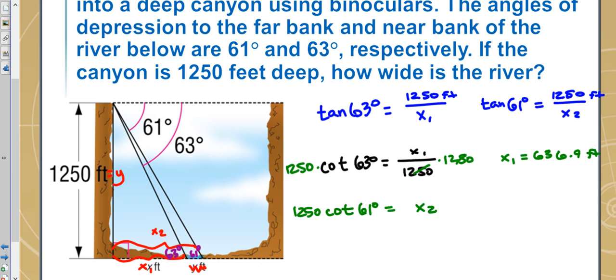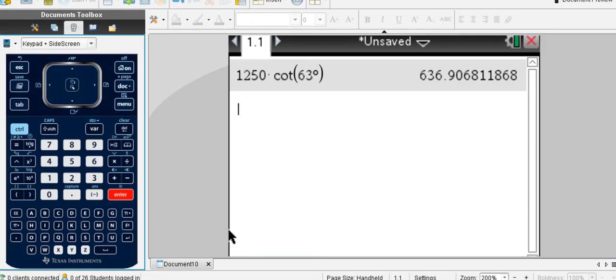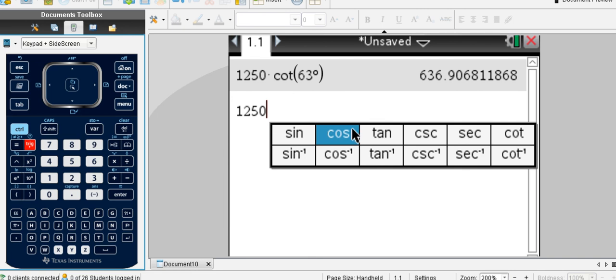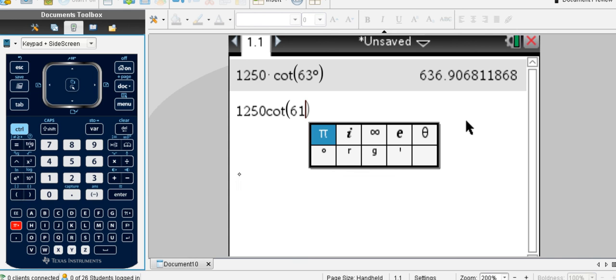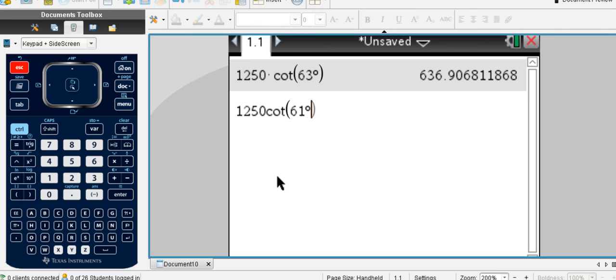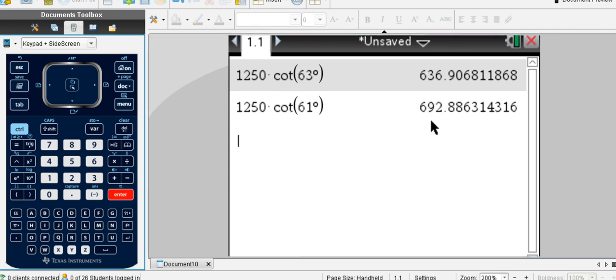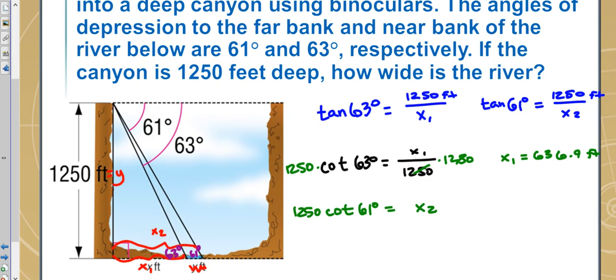So we'll type that in the calculator and see what we come up with. So I have 1250 times the cotangent, and all it's changed is 61 degrees. I'm going to press the degree button, and get my value. This is 692.9.